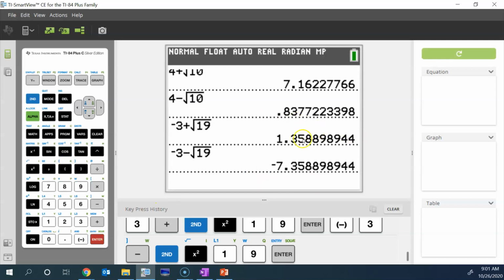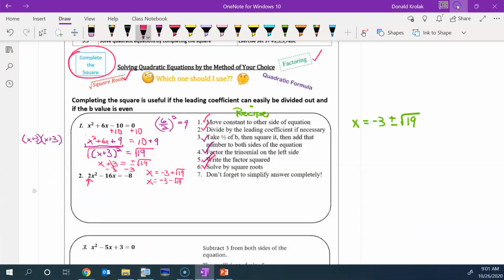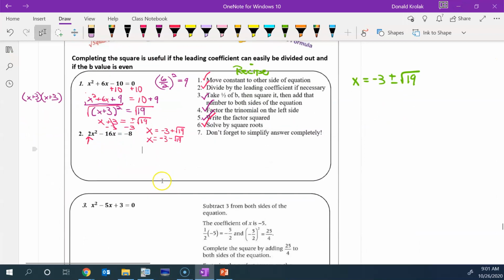So this graph goes through roughly 1 and -7. That's what that's telling us.